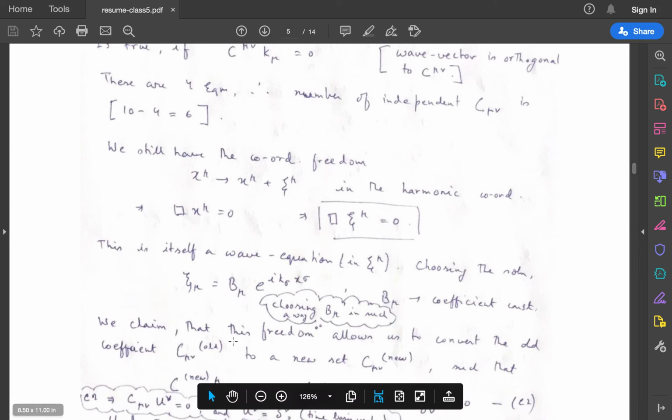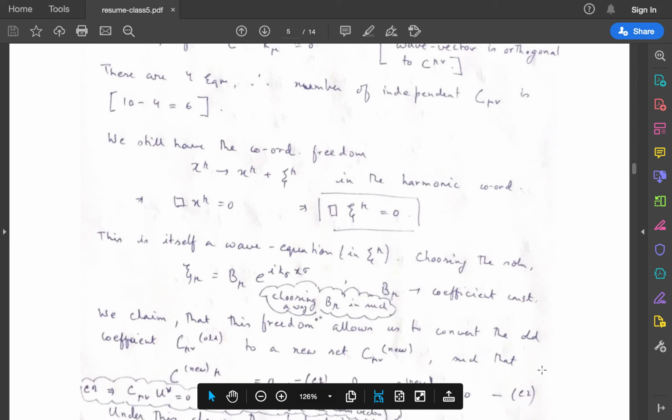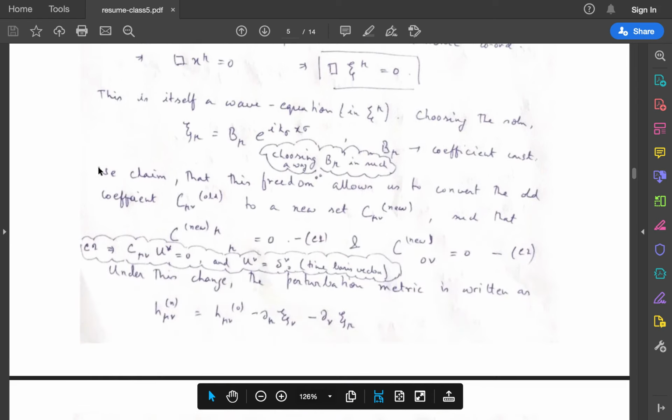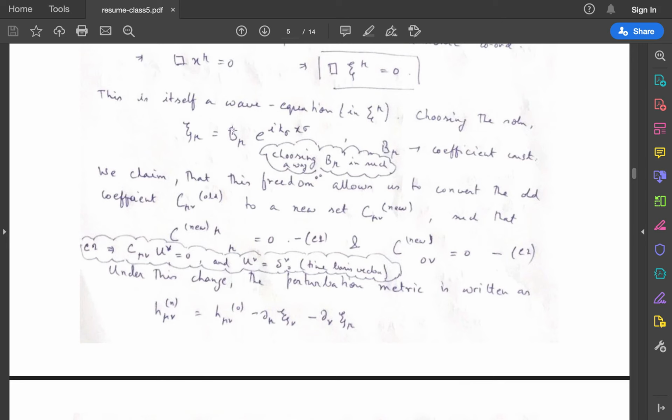where b mu is the coefficient constant that we can choose. So we claim that this freedom means choosing b mu in such a way that we can convert the old coefficient c mu nu, that has been defined till now, to a new set of c mu nu. This old c mu nu doesn't satisfy the condition that I will be telling, but this new set does, because of our freedom of choosing b mu.